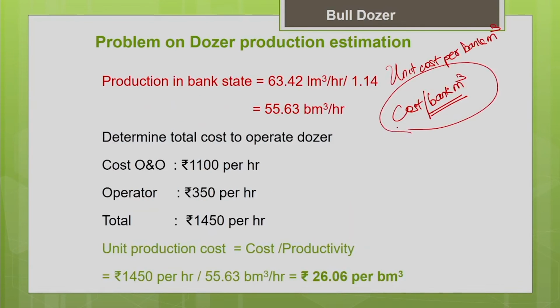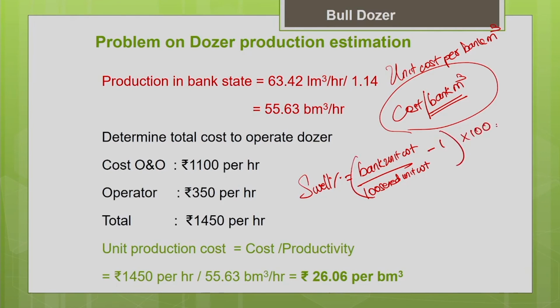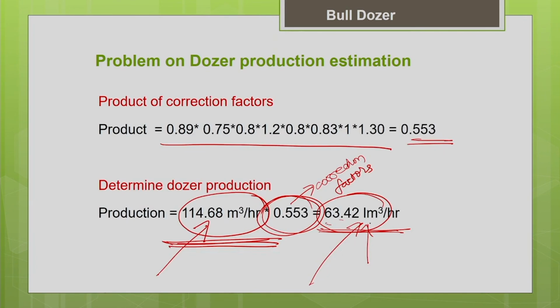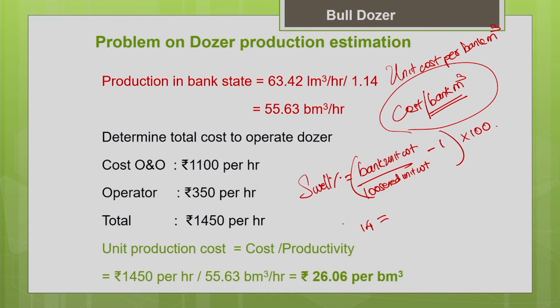The same swell percentage formula you can use for the conversion. Your swell percentage is nothing but bank unit weight by loosened unit weight minus 1 into 100. The swell percentage is 14 for the soil. One more thing: here it is in volume, loose meter cube, but the formula is in unit weight, density.